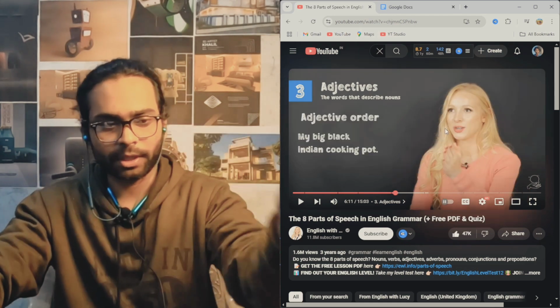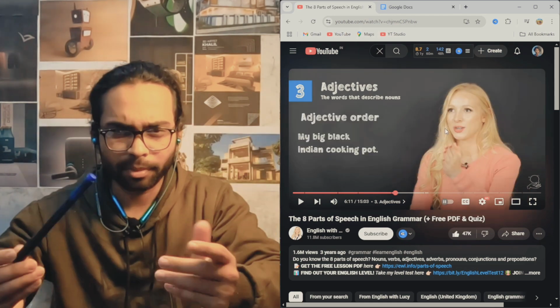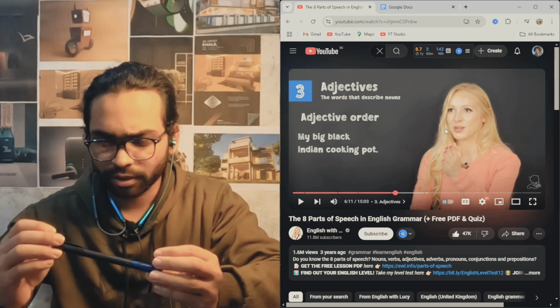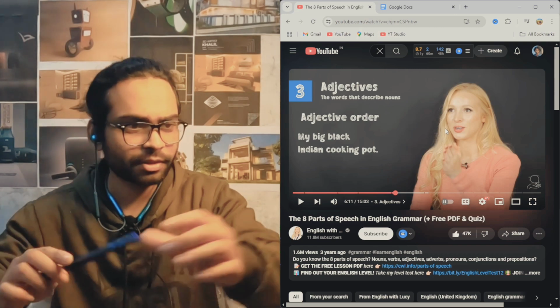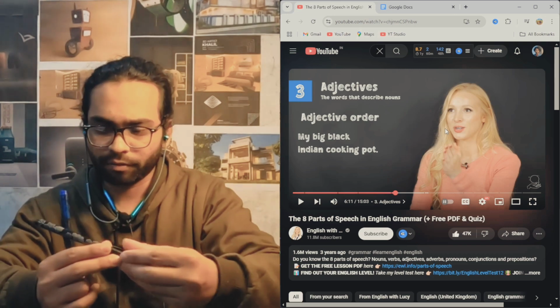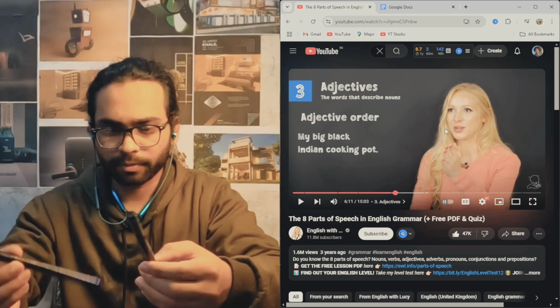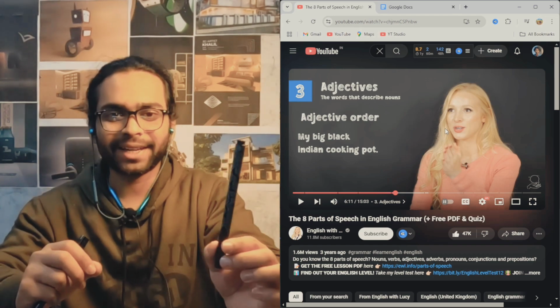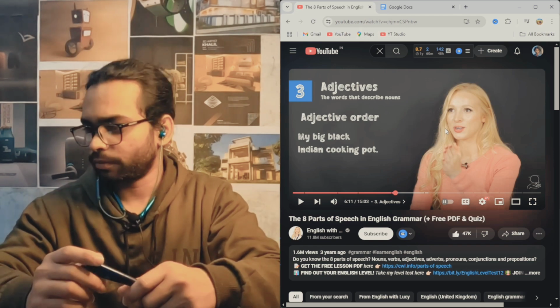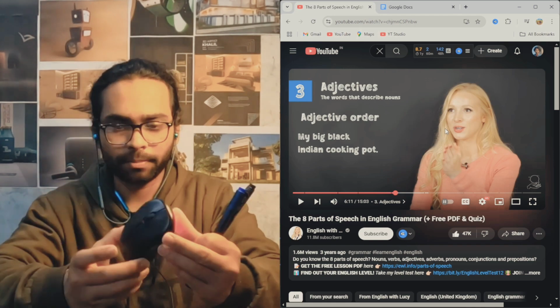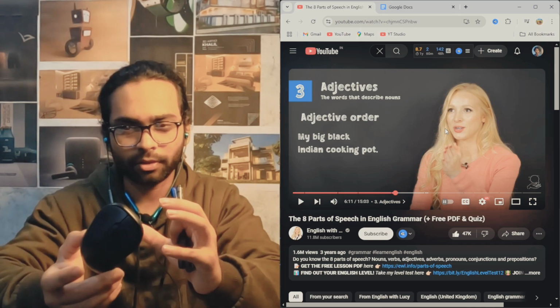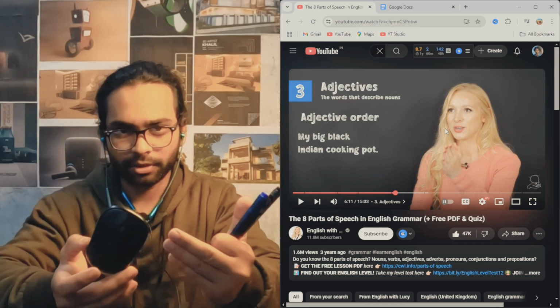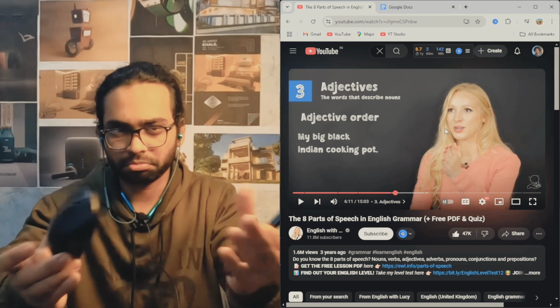So it can be like my small blue... and what is the name of the brand? I cannot find it on this. Okay, it's Flare. So my small black Flare writing pen. I got it. And what else can I say? Okay, my small black Amazon Basics digital mouse, something like this.